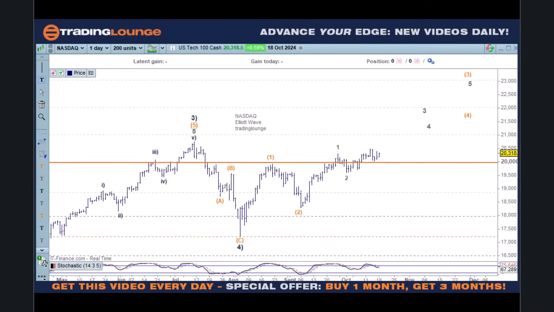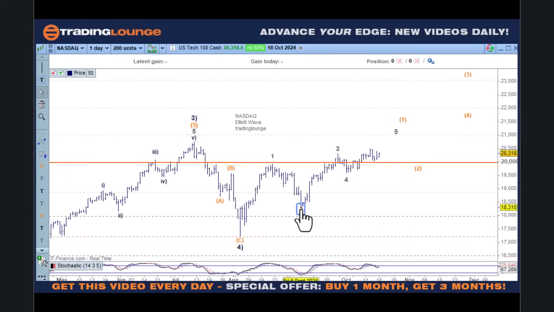And then we come over to the NASDAQ, and this is a daily chart. And we can look at this in 2 ways as well. We could look at it as 1 and 2 and 1 and 2 here, and then building up to the 3rd wave here. We could also look at it the other way. We could put wave 1 over here and wave 2 over here, and this one here and this one here, and so on, 3 and 4 here and 5 here to make this wave 1 here.